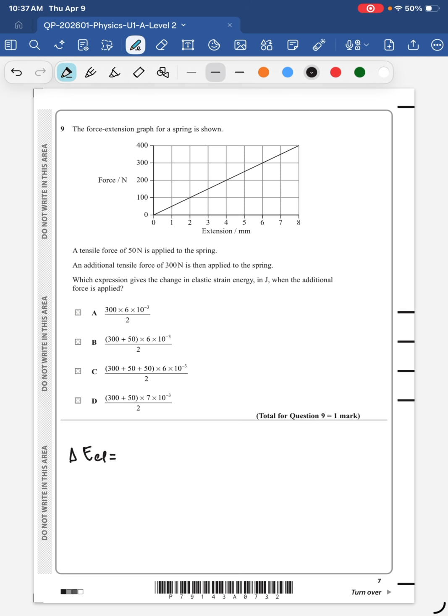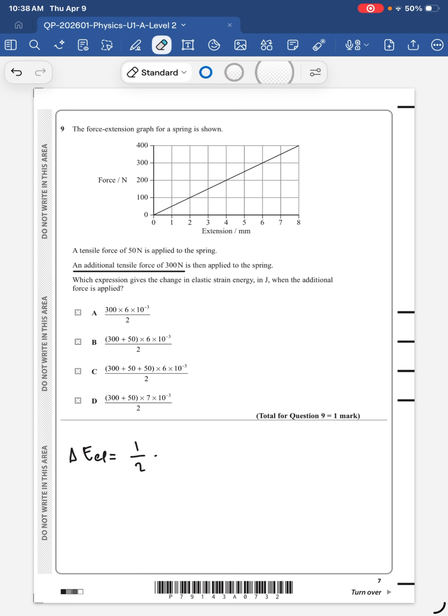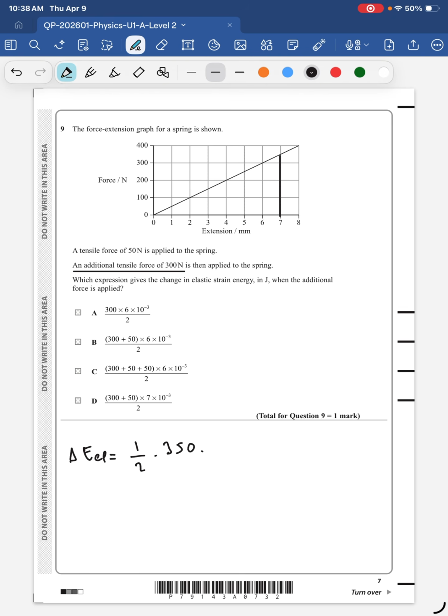So delta E elastic would be 1/2 times 350 newtons, because it says an additional tensile force of 300 newtons in addition to the initial 50 newton force, so 350 newtons is the force. And this extends, if we go to the plot, we see that at 350, this is the extension at 350.